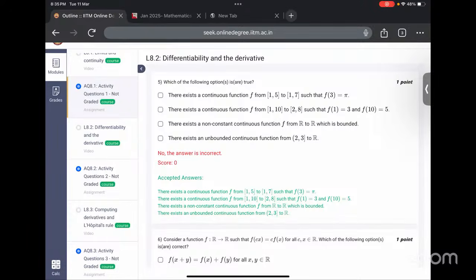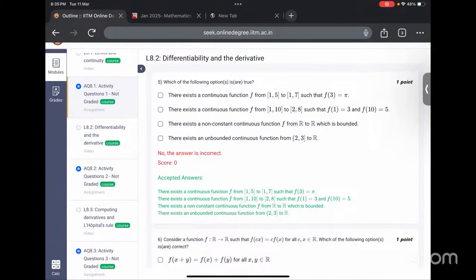So if it were closed 2 to closed 3, then we cannot define the function 1 over x minus 2, because at the point 2, the function will be 1 over 0, which is undefined. In that case, we will not have any example because we have a standard result for that.